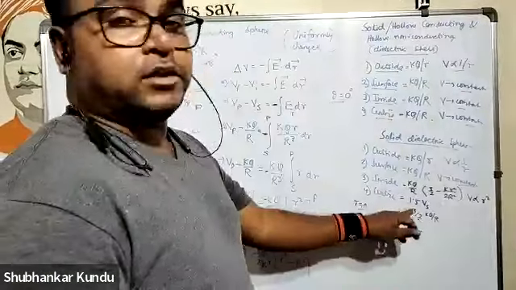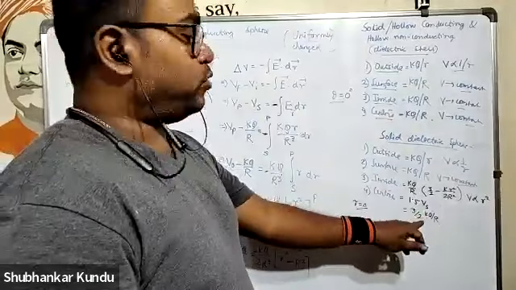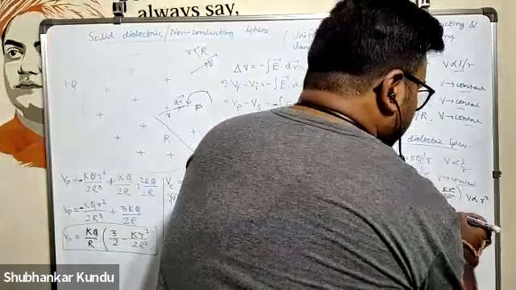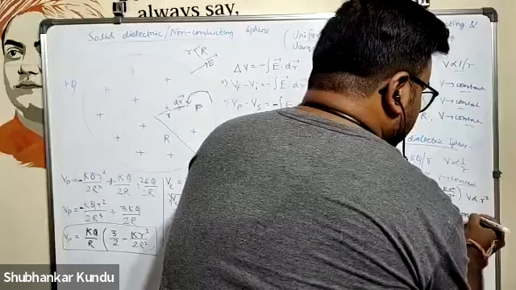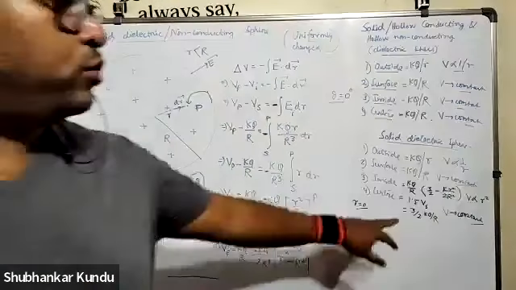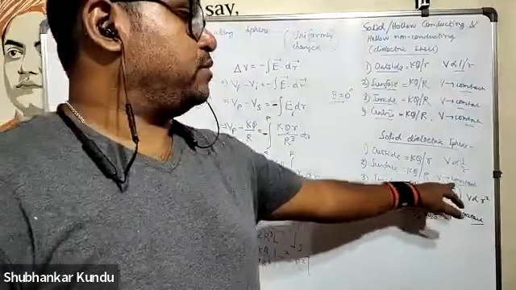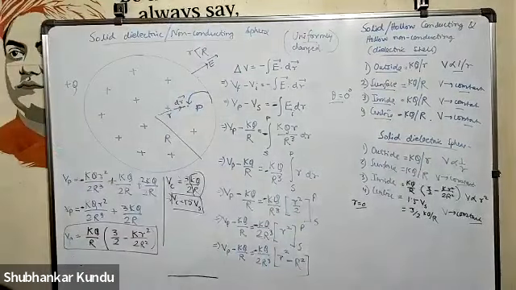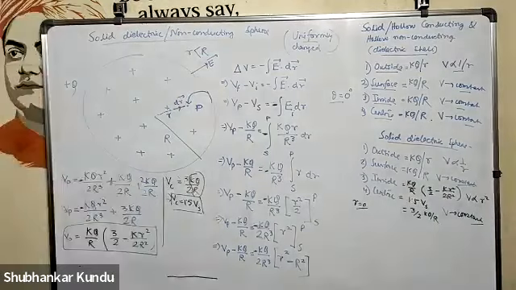And at center, it is 1.5 times the potential at the surface. The surface potential is constant, so the center is also constant because 3 by 2 is constant. You need to remember these steps. They can ask you in the question. So now let us see the graph diagram.